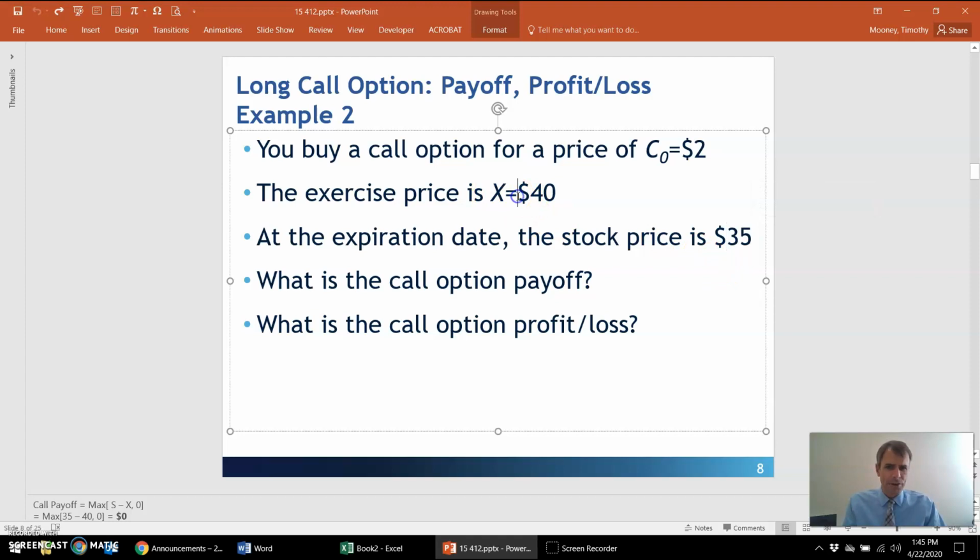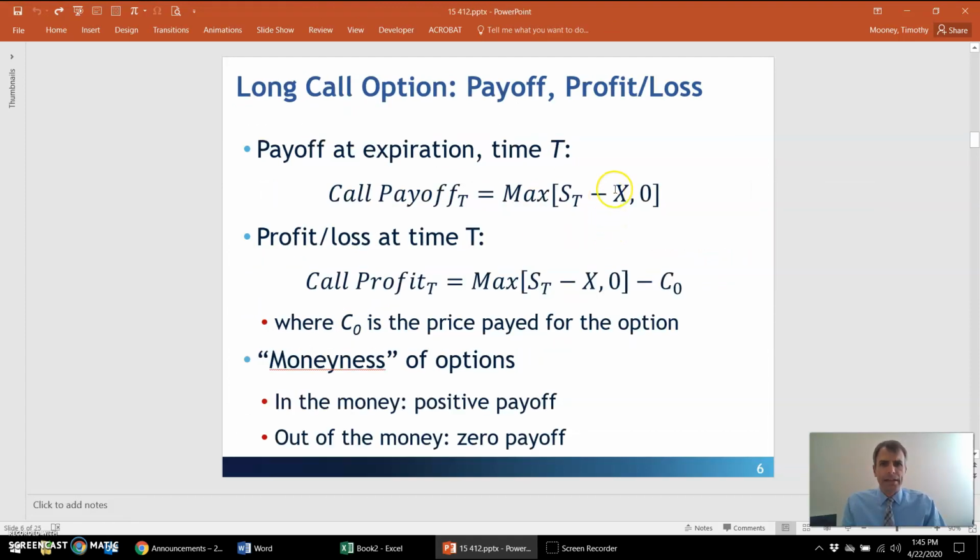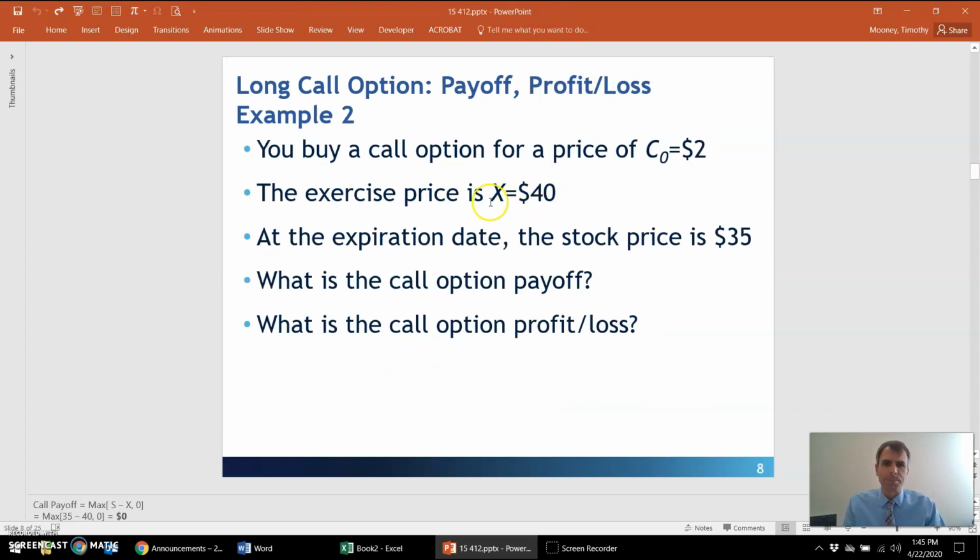So this option is out of the money when the strike price is greater than the stock price for a call option. This term here, 35 minus 40, is -5. Obviously, 0 is greater than -5. So the payoff of this call option is 0, since we would not exercise it. We would just let it expire worthless.